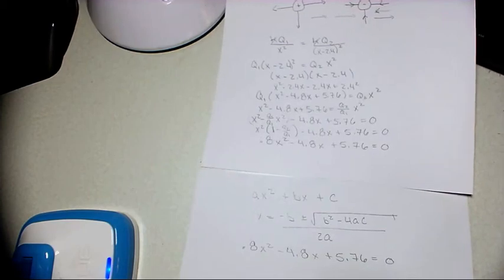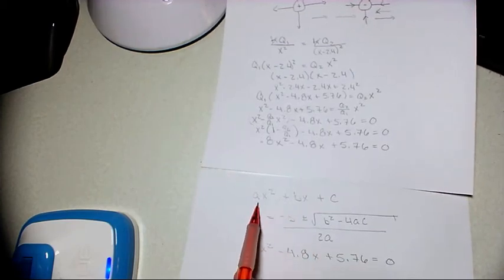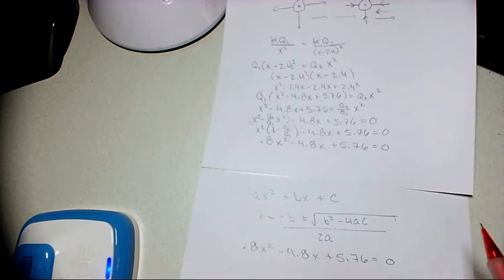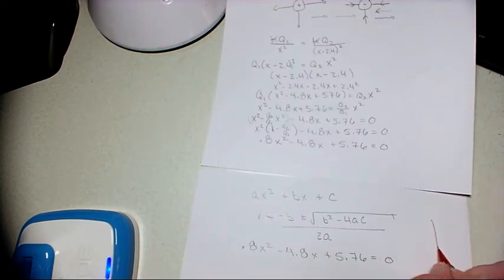Because I was running out of room and starting to smush things, I just moved to a different page. So here's the quadratic equation. And all the quadratic equation does is it looks at a shape like this. And the solution to this equation is where these lines intercept the x-axis.